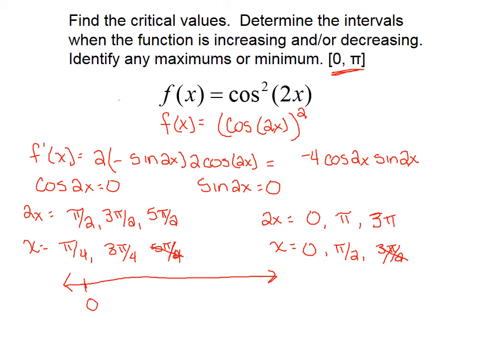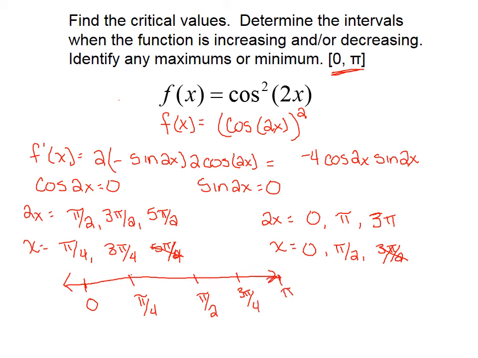Okay, so then if I can put this in order, I'll have pi over 4, pi over 2, and 3 pi over 4, and of course pi, because it's an endpoint.